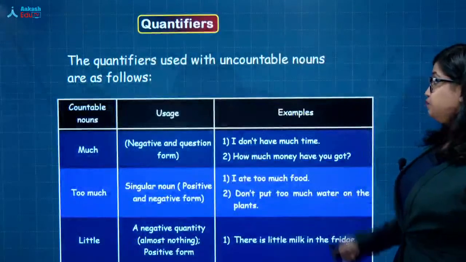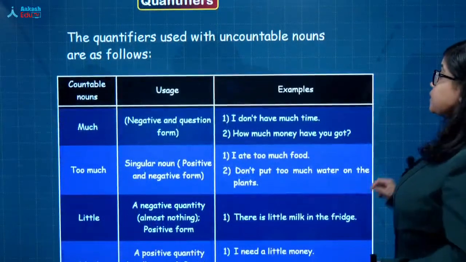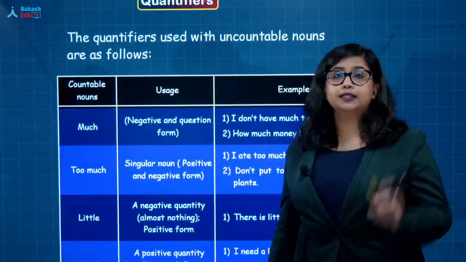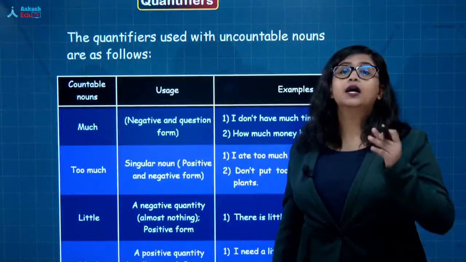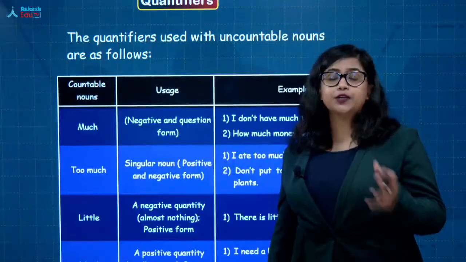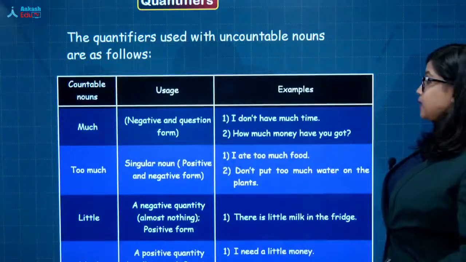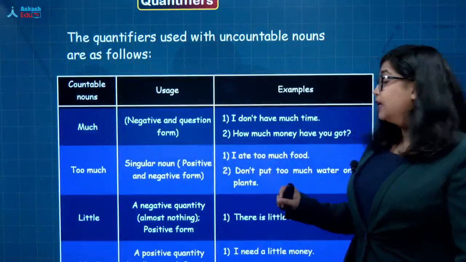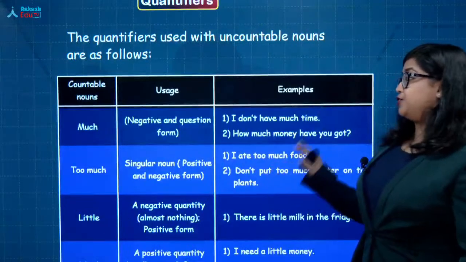Moving ahead, let us look at the quantifiers that we use with uncountable nouns. Till now we had looked at the quantifiers that we use with countable nouns. The first one is much. We use much with negative and question form.